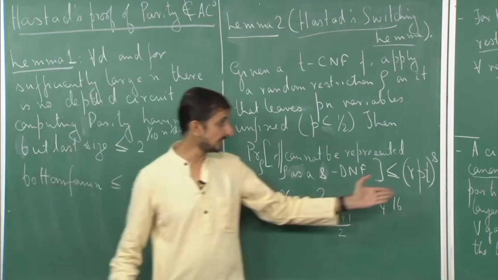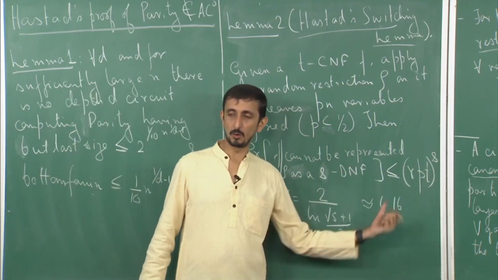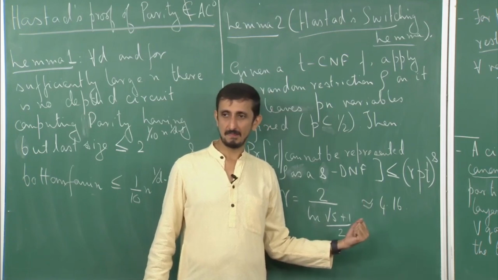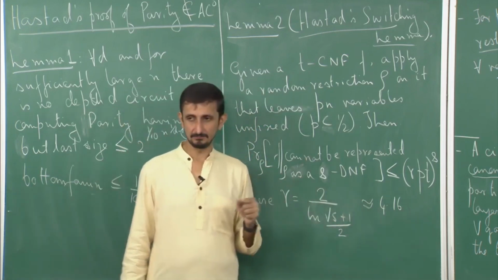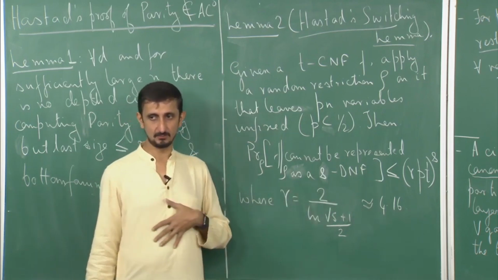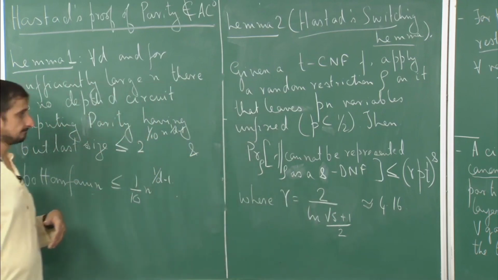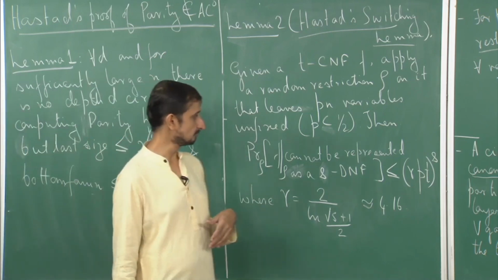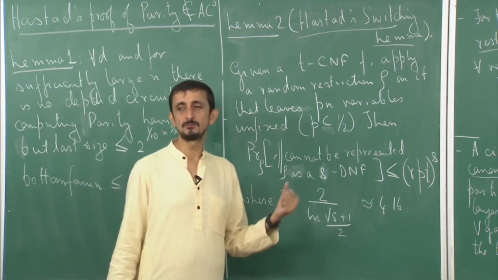Note that as S grows, this probability decreases. These are less than 1. We will choose them to be less than 1.